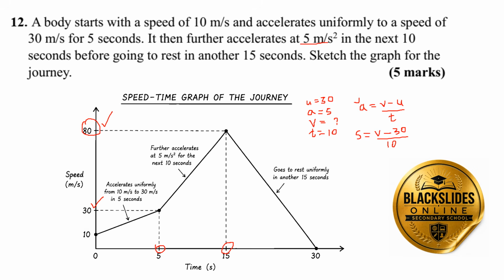So we are trying to solve for v. We have 10 times 5 is equal to v minus 30. So this is 50, 10 times 5 is 50, equal to v minus 30.